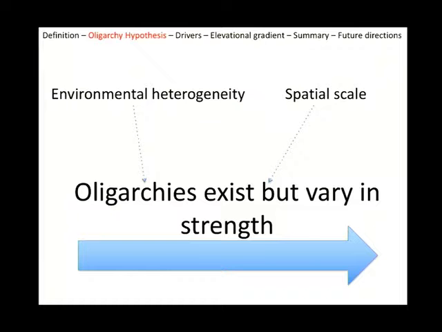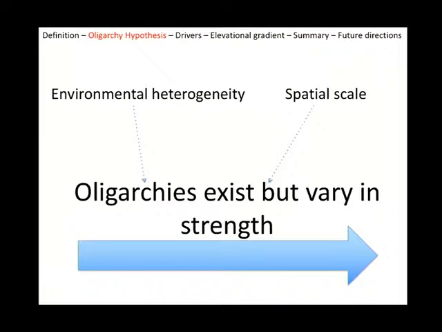And because of the previous results, we can suspect that environmental heterogeneity and spatial scale play a role in placing different communities along this gradient. But we don't really know what are the drivers of oligarchic strength.